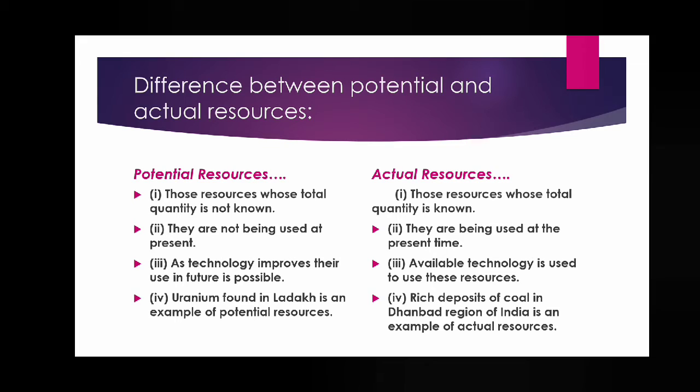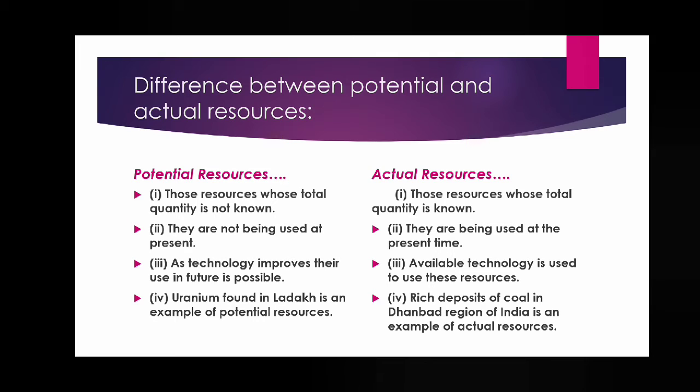Why have you not started? Maybe you have another option which is easily available at your doorstep, or maybe your technology is not well developed to collect it, to convert it, that's why you are not using it. So it is called potential.